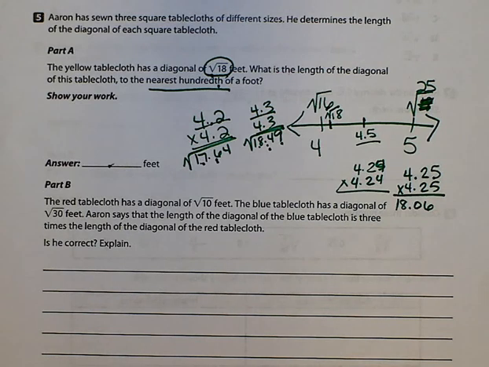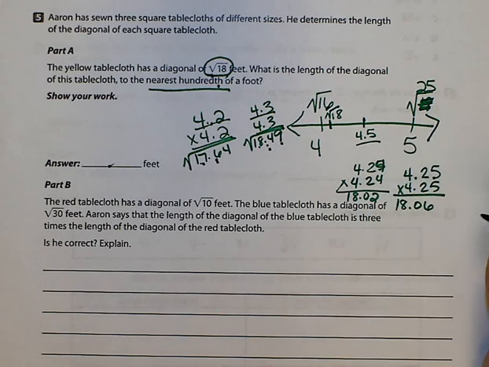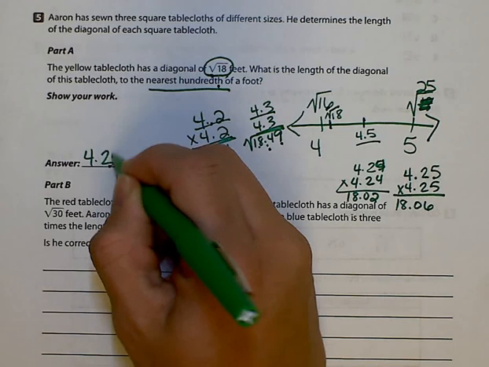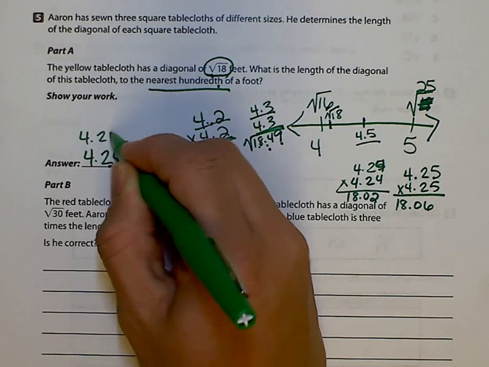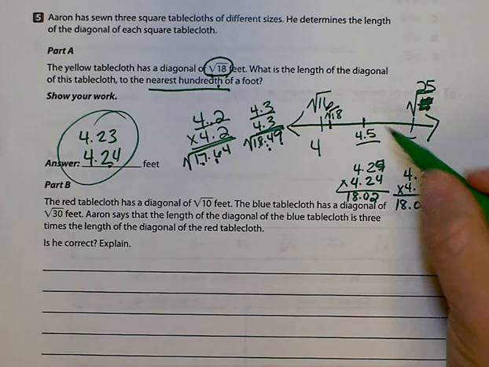When we do that, we get 18.02. I took this as an answer option because that's pretty darn close. So I ended up taking 4.24 or 4.23, because both of those answers were exceptionally close to what you needed to get. And that's pretty much what you have going on.